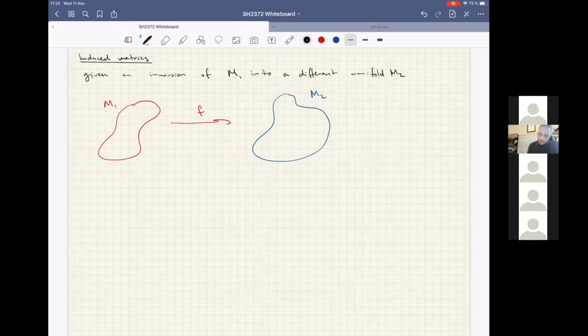Now, if I have a metric that lives over here on M2, then that is going to induce a metric on M1.